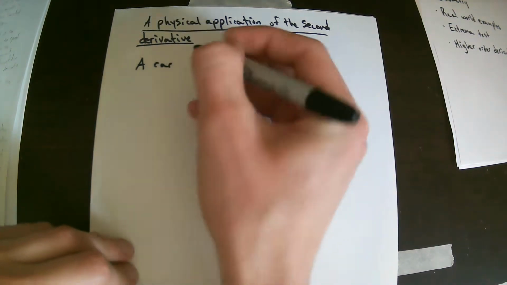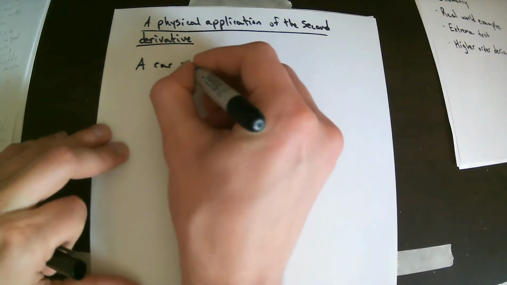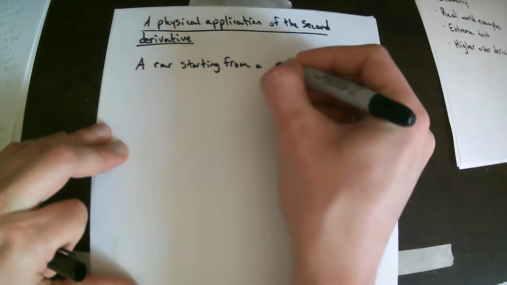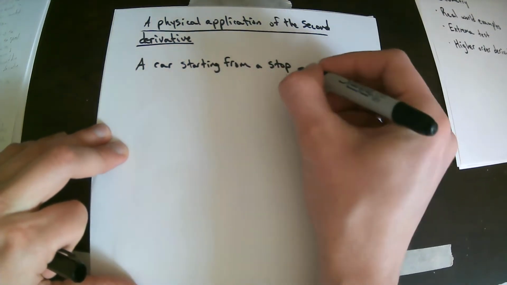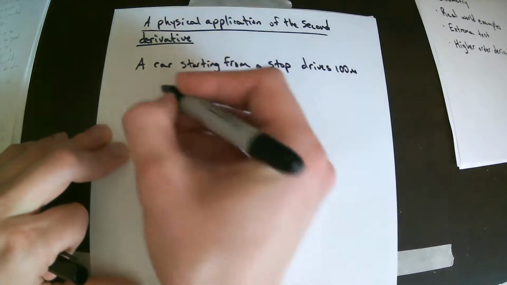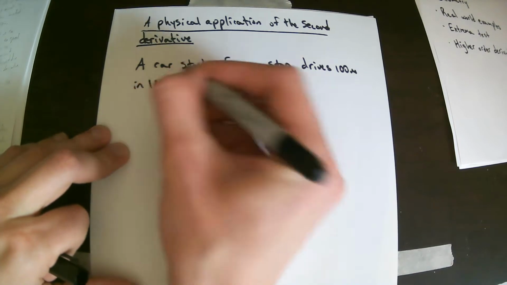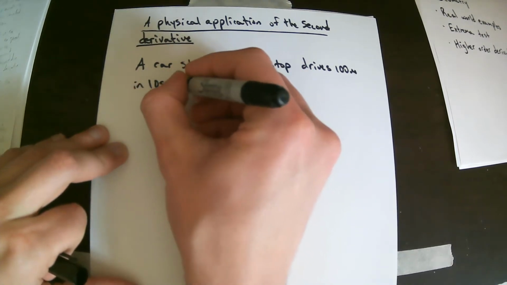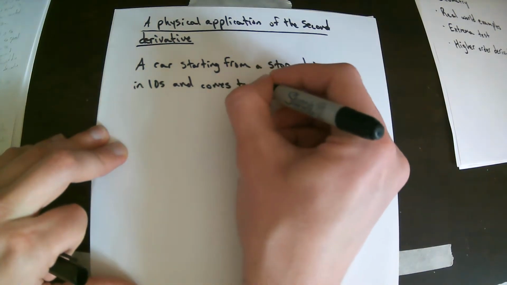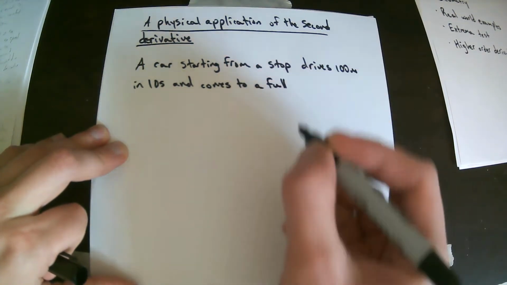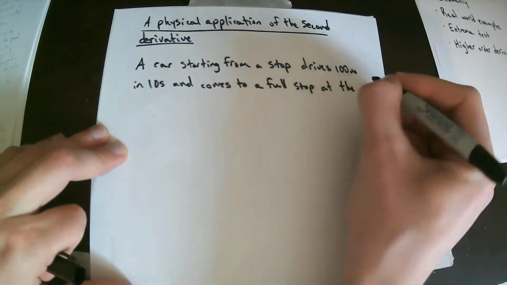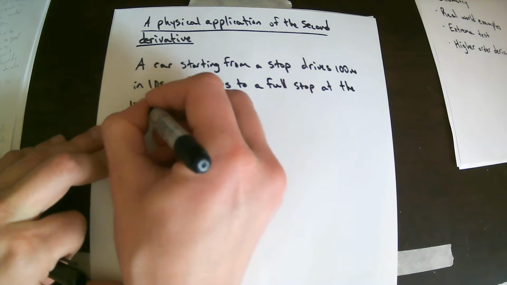A car starting from a stop drives 100 meters in 10 seconds and comes to a full stop at the 100-meter mark.